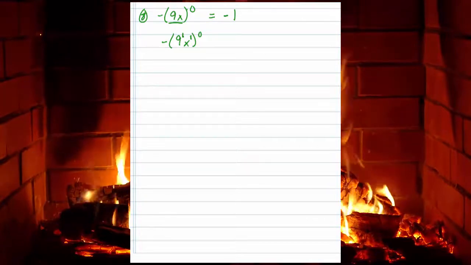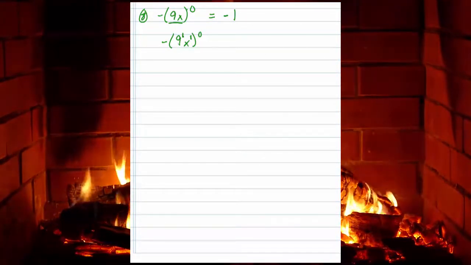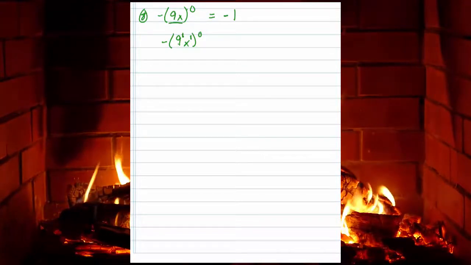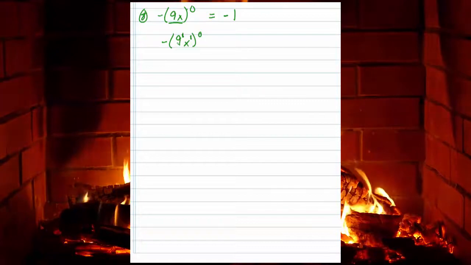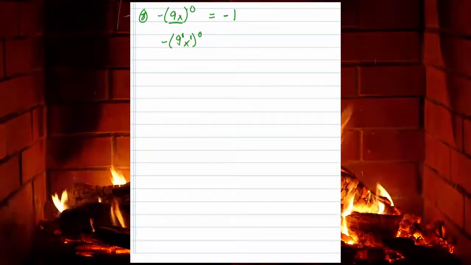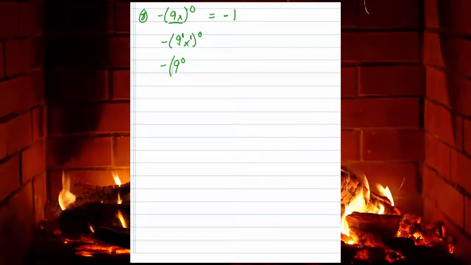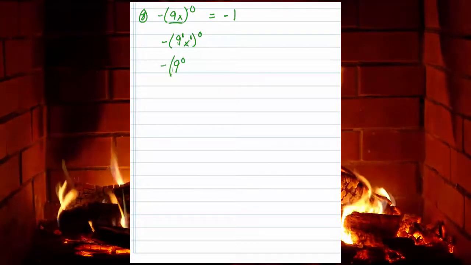And that would look something like 9 to the first power raised to the 0th power would be 9 raised to the 1 times 0 power. And 1 times 0 is 0, so that leaves us with 9 to the 0th power. x raised to the 1 times 0 is 0, so x to the 0th power.